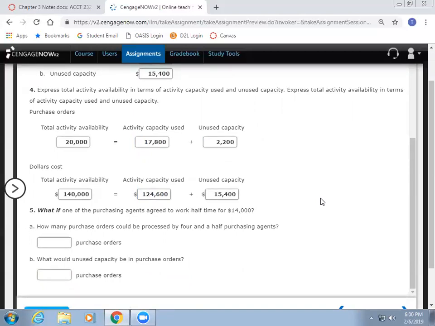So on number 5, it's asking us, well, what if one of the purchasing agents agreed to work half-time for $14,000? Okay. So how many purchase orders could be processed by 4.5 purchasing agents? So if our 5th employee said, well, I'll just work part-time. 18,000, good.